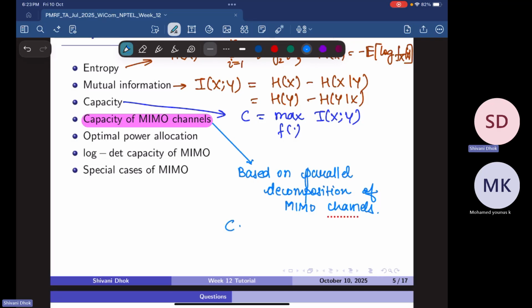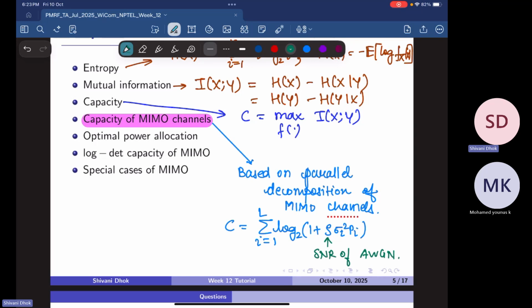And we said that capacity for this is given by, when I know the channel, it will be simply addition of all these capacities, log2(1 plus rho sigma_i square P_i), where rho is the SNR of AWGN channel.